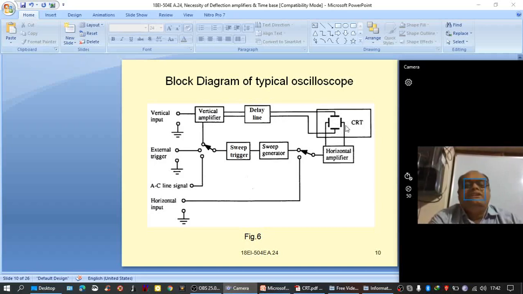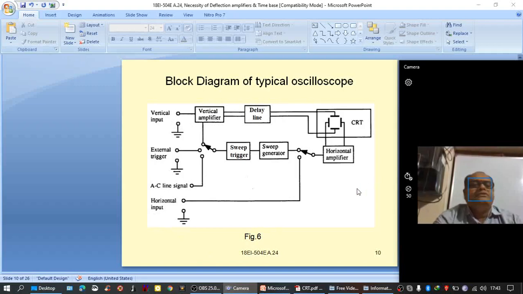Depending upon the shape of the Lissajous pattern and depending upon the intersections of the Lissajous pattern on the graticule, we can find out the magnitude, frequency, and phase angle of the external horizontal input with reference to the vertical input.